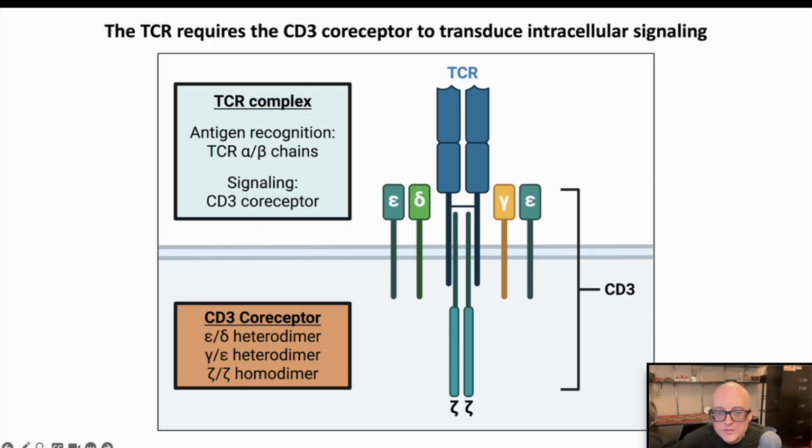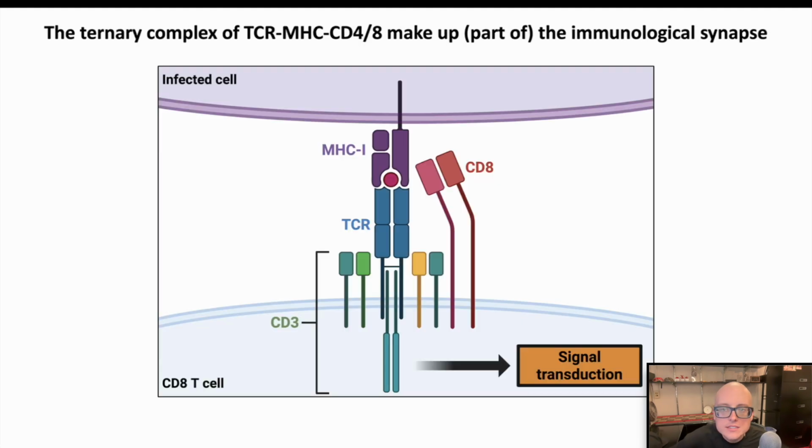So if we kind of put all of these pieces together, we get an overall structure that we might think of as the immunological synapse. And the immunological synapse gets its name from the similarity that it holds to a neurological synapse between two neurons. You can see that two cells come into close juxtaposition.